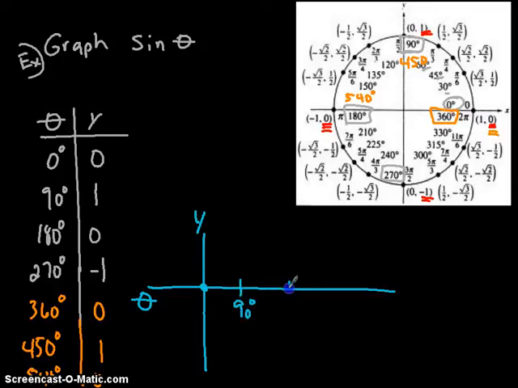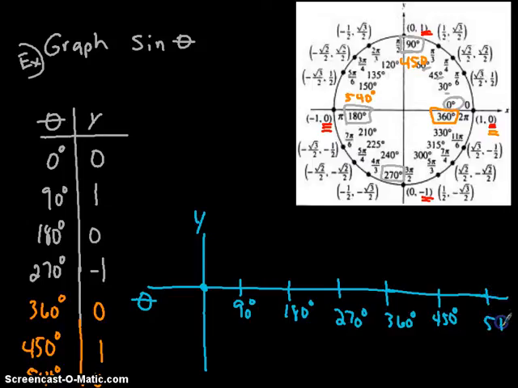And then the next number is 180 degrees. 270. 360. 450. 540. So those are the values of theta in degrees.